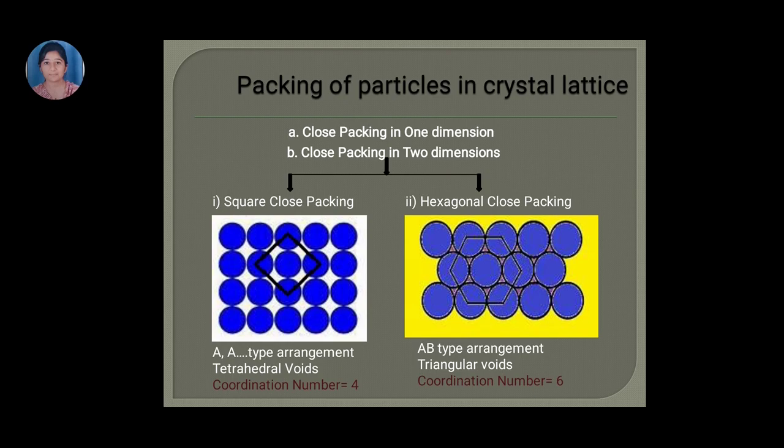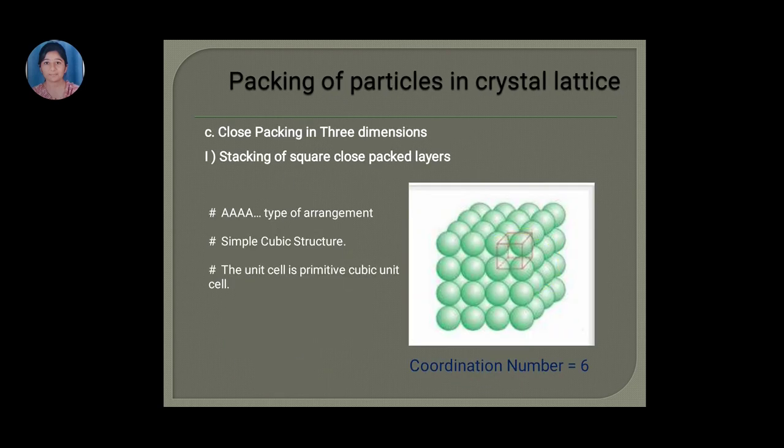Between every two atoms there is an empty space, or a depression. So the atoms of the second series will exactly fit into the depressions created in the first series of atoms, and this kind of structure is called hexagonal close packing structure.